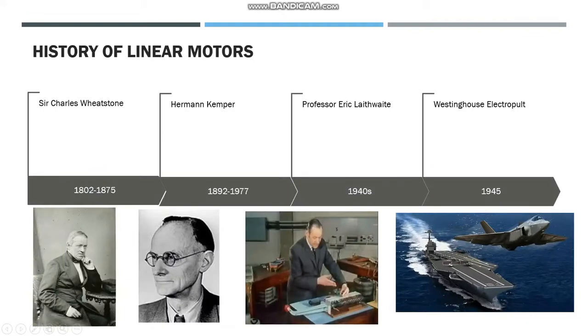A little about the history of linear motors: Sir Charles Wheatstone, who also created the Wheatstone bridge, was one of the earliest engineers who worked on the concept of linear motors. After him, it was Hermann Kemper, who was the first to bring the idea of magnetic levitation, and in 1935 he made a simple model of a linear induction motor.